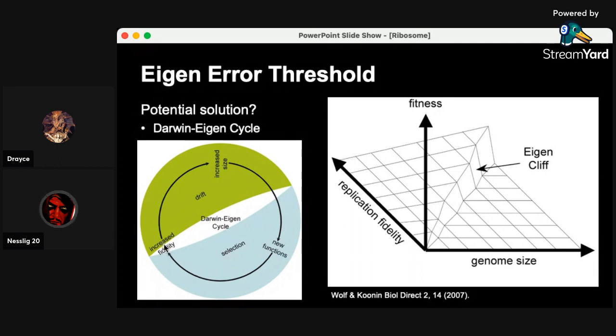By genetic drift alone, you increase the size without being detrimental, because you have increased the fidelity before.